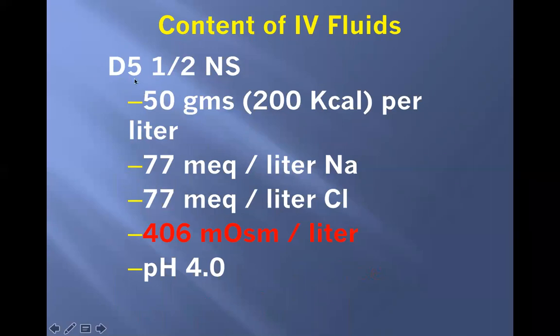5% glucose water plus 1/2 normal saline, because this is a mixture type of the crystalloid fluid, consists of the same percent of the dextrose glucose as that of the 5% glucose water, with the adding of the 77 millimole of sodium and chloride.